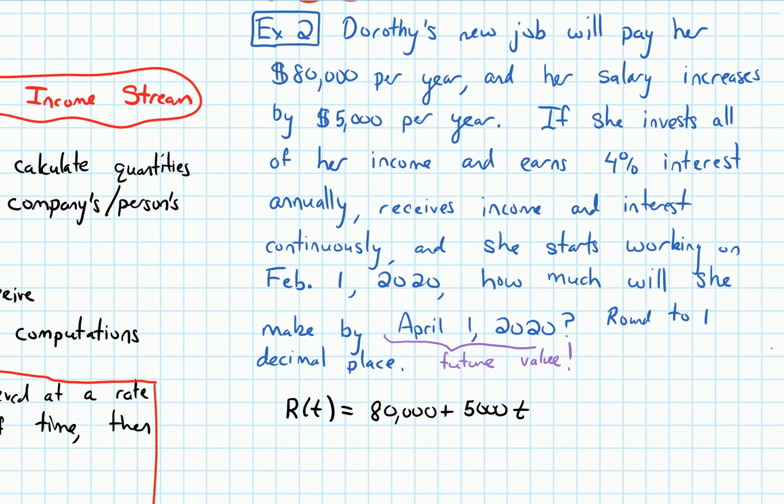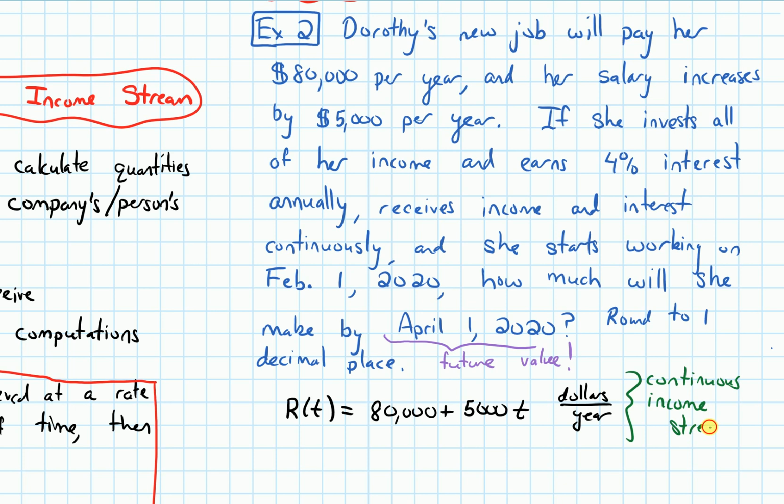And what are the units? Dollars per year. This represents the rate at which she's receiving money from this job. So this is her continuous income stream.